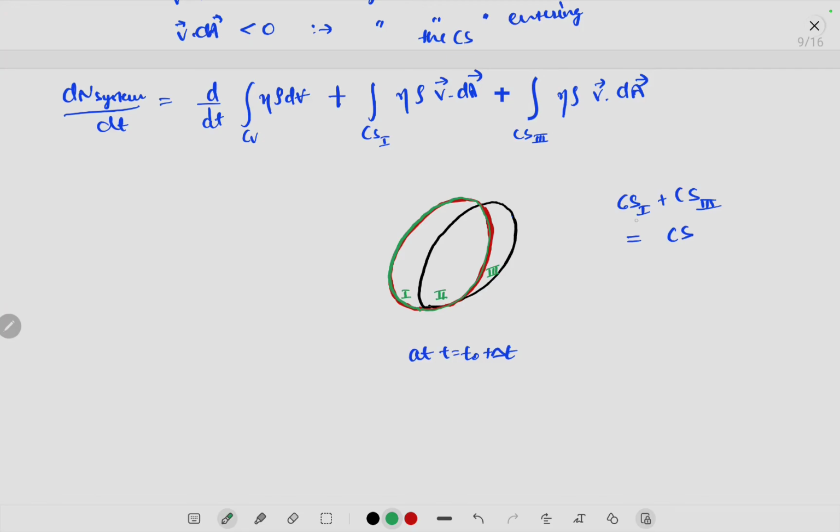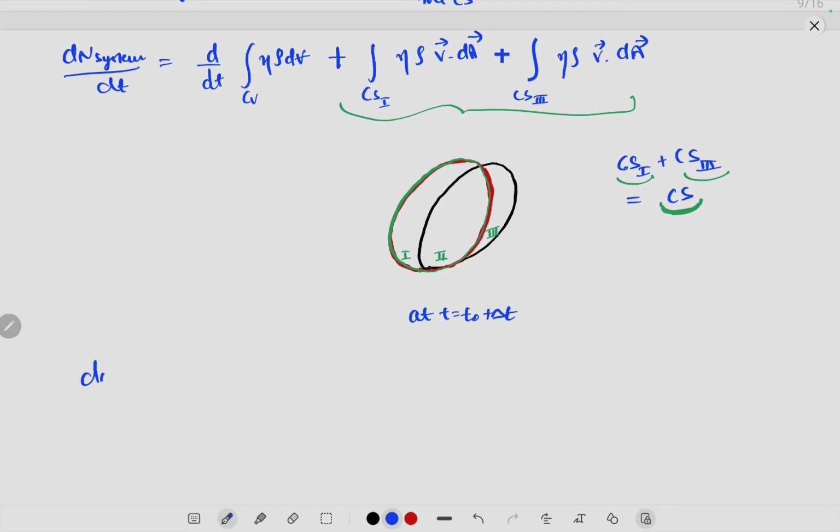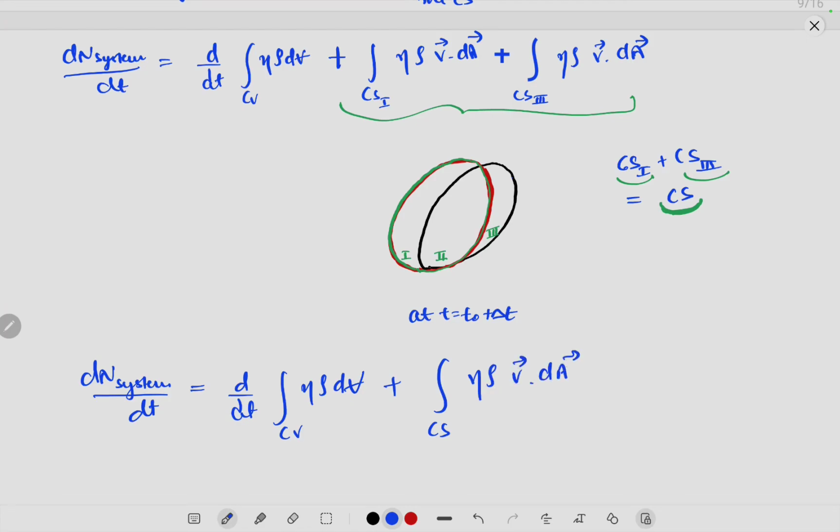So I can just write cs1 plus cs3 as cs, these two terms as one term, and that will be, let me just write this first. dN system by dt would be d by dt of the integral of eta rho dV over the control volume, plus the integral over the control surface of eta rho v dot dA.